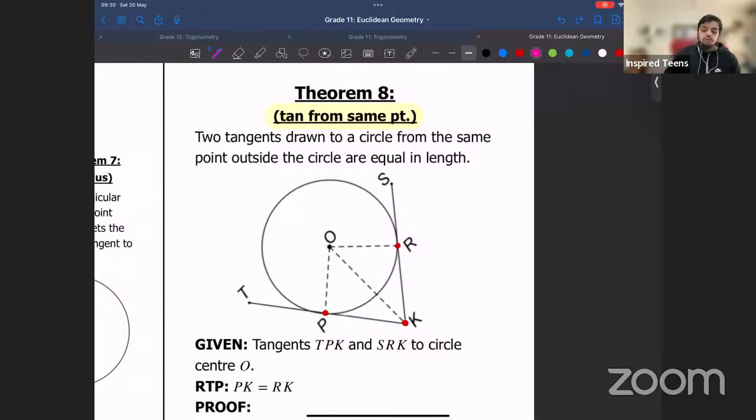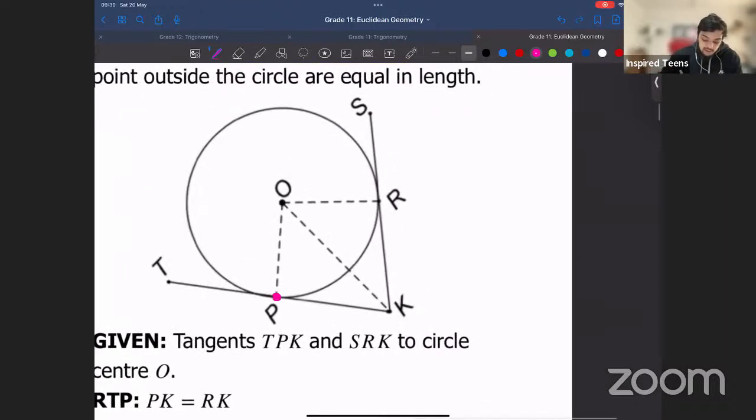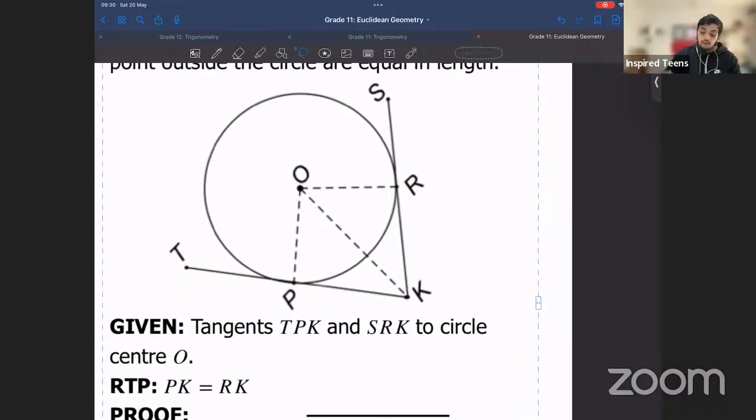Tangent from same point. It says two tangents drawn to the circle from the same point outside of the circle are equal in length. So the example looks like this, where you draw two tangents and they actually meet each other. That's why you say they originate from the same point. Here this bottom tangent is a tangent at P, and this tangent to the right is a tangent at R. They both originate from K, meaning they're going to make contact at K. And what's the property of these tangents?